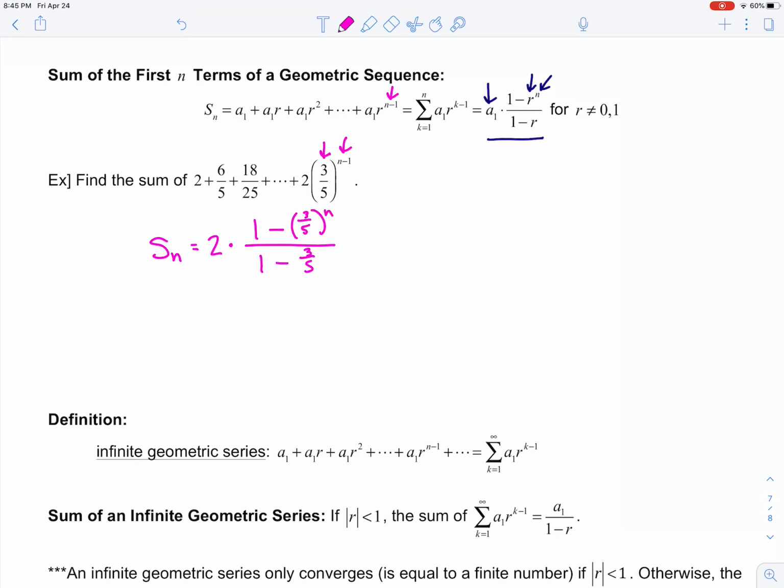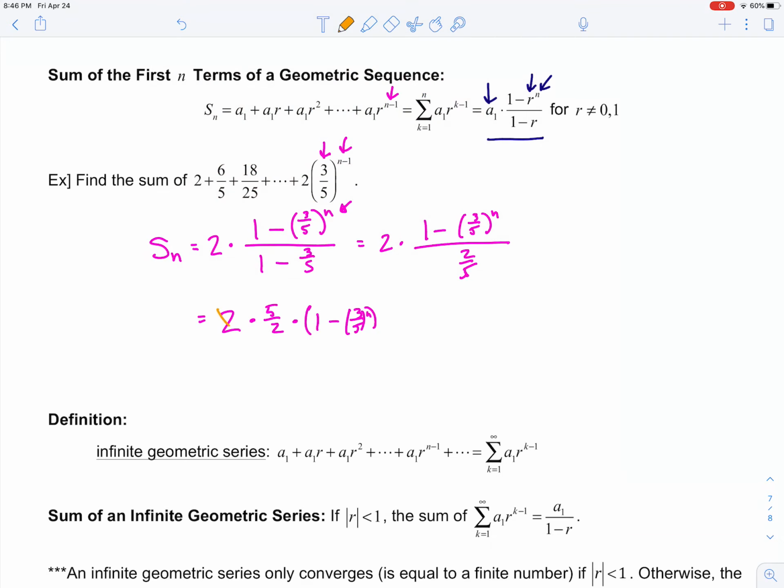So we can't really get a number from this because we still have an n here. But what we can do is simplify it a little bit. So this will be 2 times 1 minus 3/5 to the n power over 2/5. 1 minus 3/5 is 2/5, so I can change that to multiplying by the reciprocal. So 2 times 5 over 2 times this numerator that's left, 1 minus 3/5 to the n.